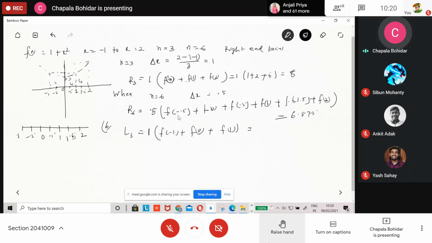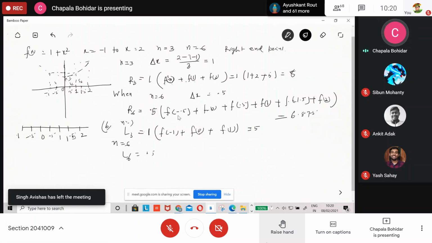Okay. Then for n is equal to 6, L6, we got del x is equal to 0.5. Already you got it.